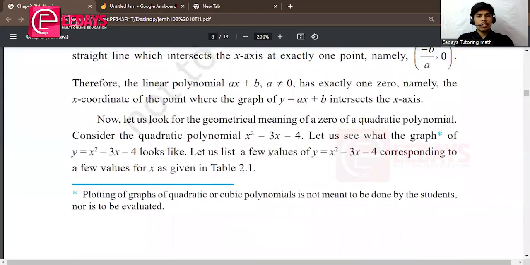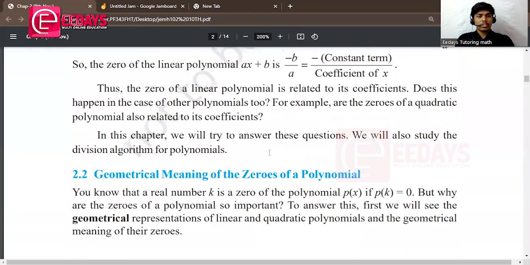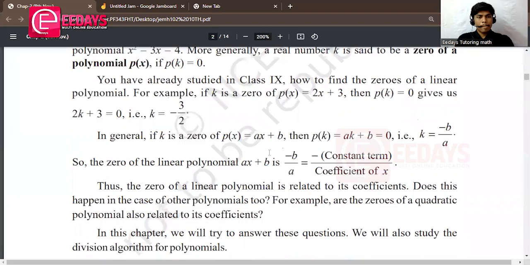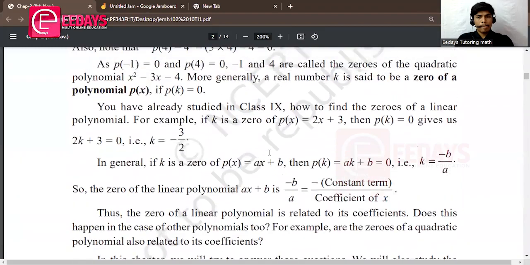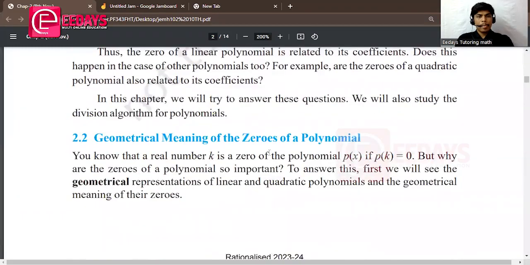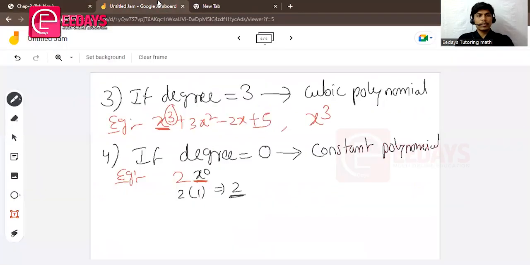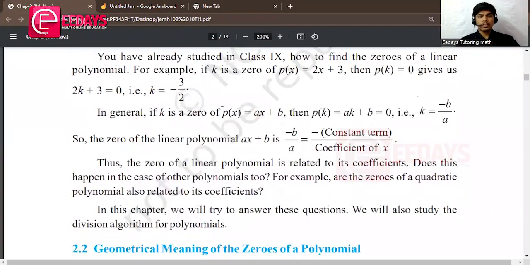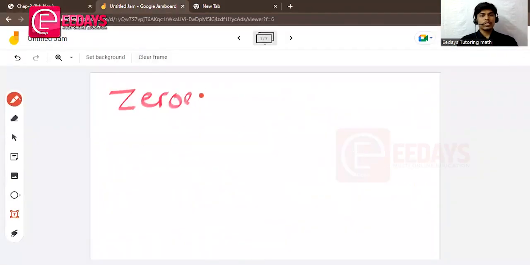Now the next concept would be zeros of polynomial. Let's understand zeros of polynomial.